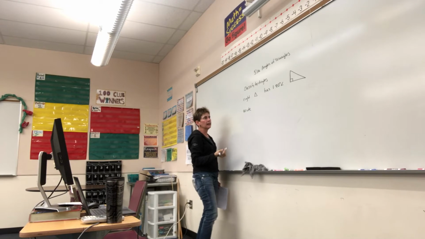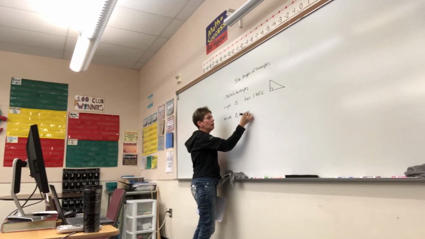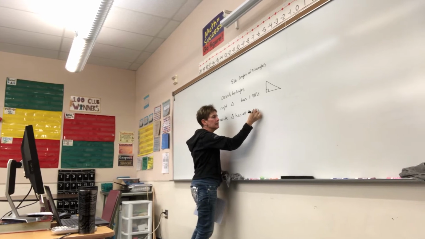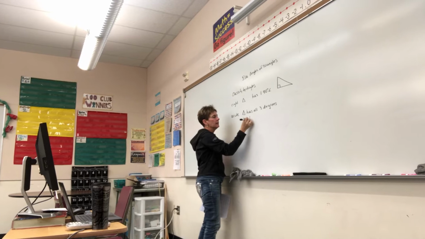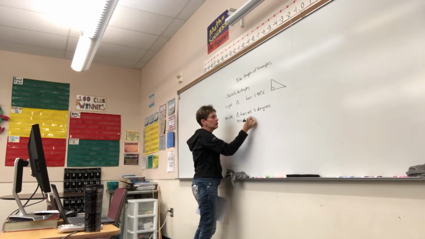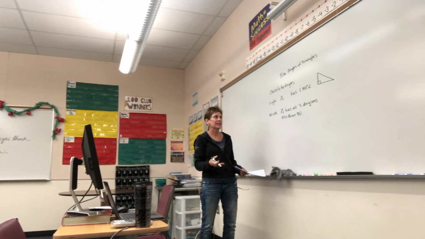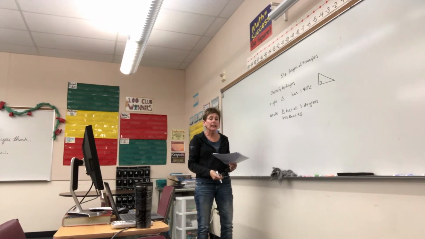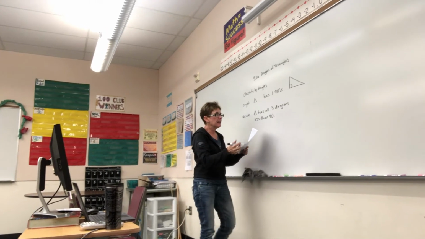With an acute triangle, the triangle has all 3 angles less than 90. We've talked about an acute angle. An acute angle is less than 90 degrees. An acute triangle would be a triangle where all 3 angles are less than 90.